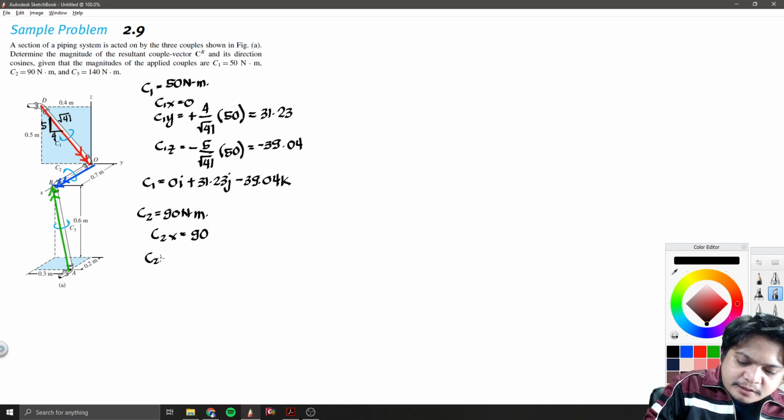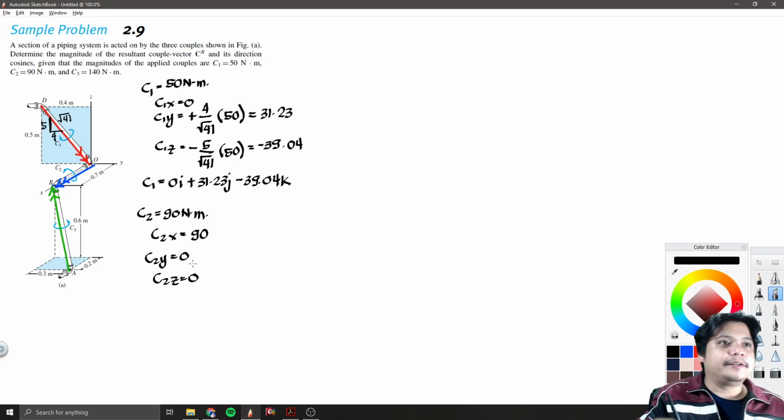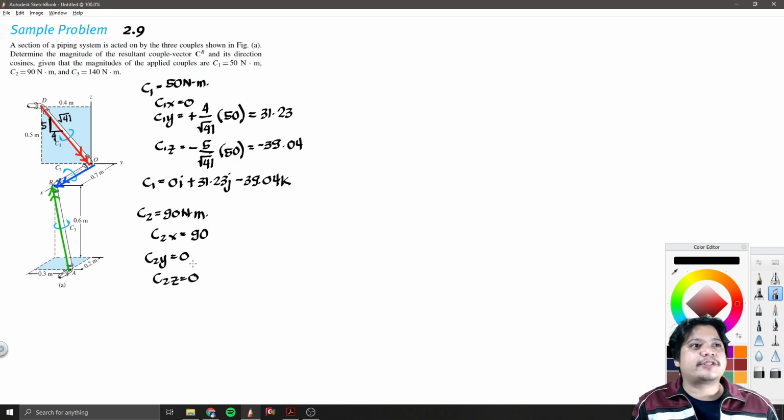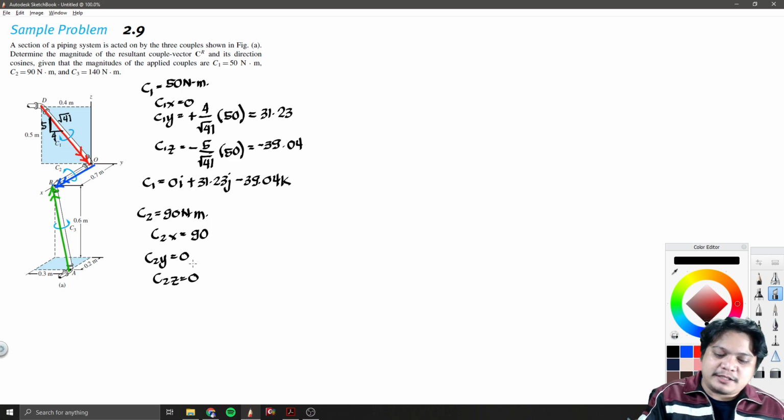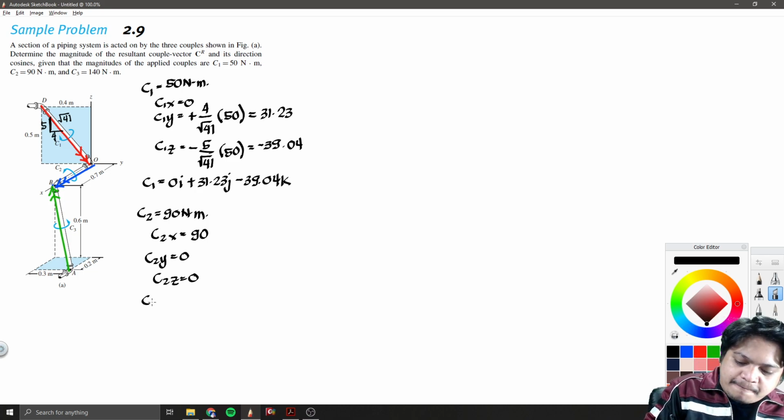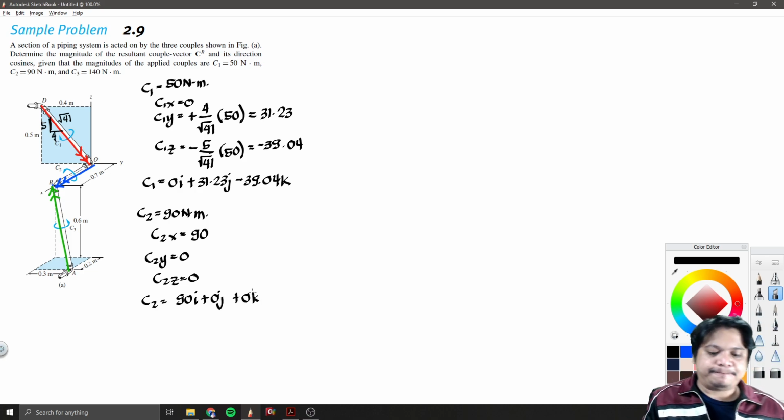C2Y is 0 and C2Z is also 0. Basta yung isang couple natin at acting exactly on an axis, the rest of the two axes is 0 in components. In short, yung C2 ko, I will be having here 90I plus 0J plus 0K.